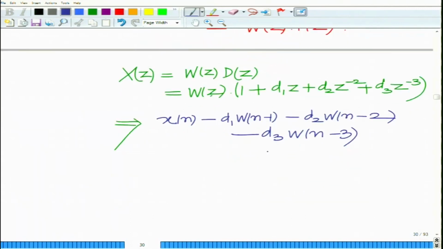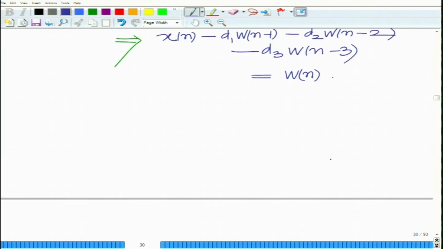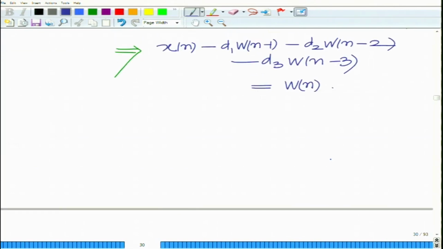This quantity equals your w[n]. Okay. So, we have developed this relation, that is x[n] minus d1 w[n-1] minus d2 w[n-2] minus d3 w[n-3] equals w[n].